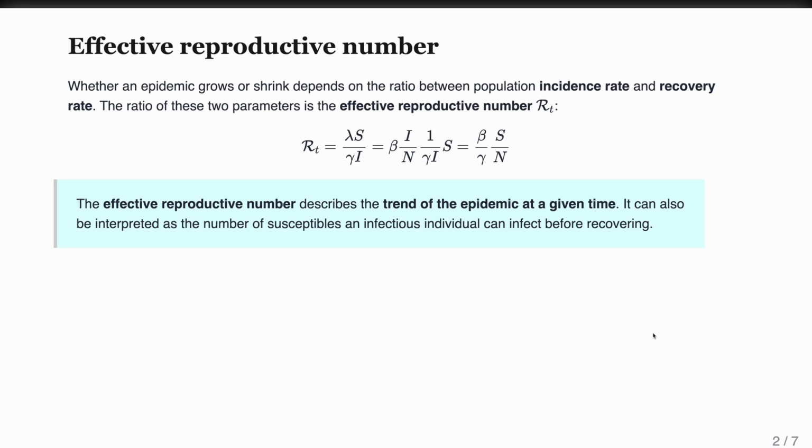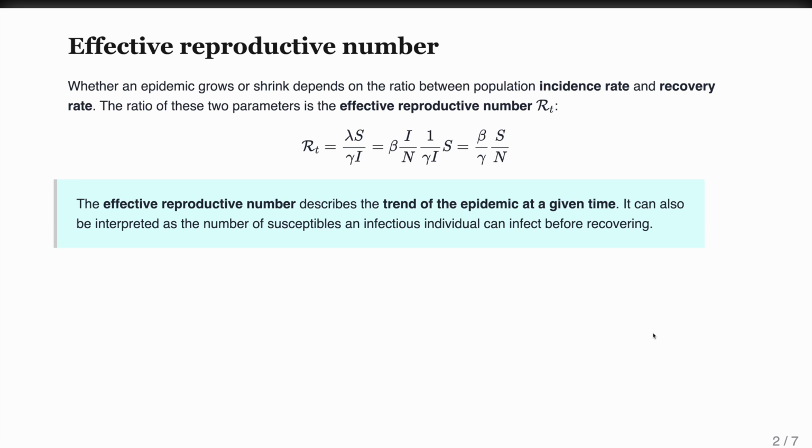This number derives directly from the ratio between the incidence rate, that is the flow, the increase in numbers of the epidemic, and the recovery rate, that is the speed at which people recover, and so are removed from the infectious compartment.